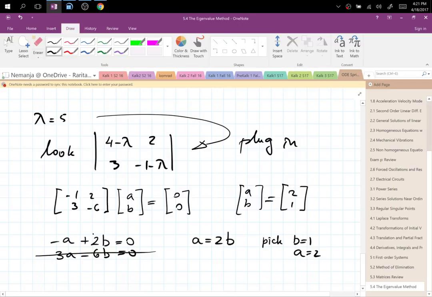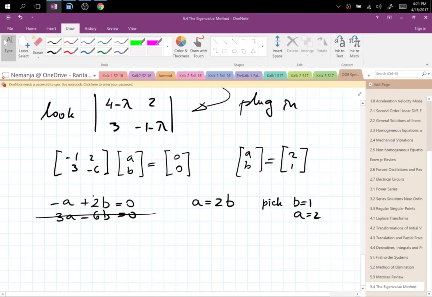You can always do that. So we have one of our vectors. So my first solution, x1, is going to be e to the 5t. Oh, I forgot the vector. Oops. So 2, 1, e to the 5t.